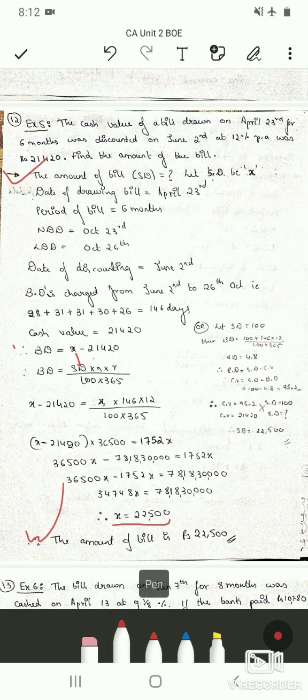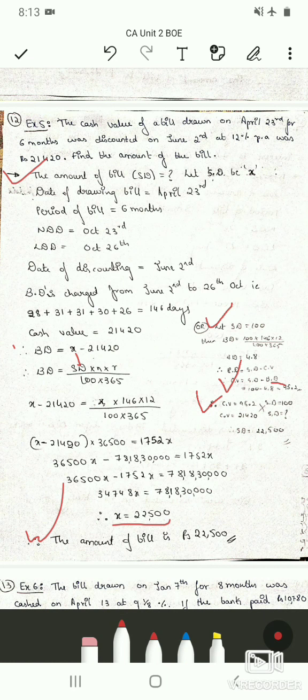So whichever you find easy, you can follow that. In this step, first assume the unknown, that is the amount of the bill to be 100, find banker's discount, then find cash value. Then when cash value is known, we can use the rule of 3 and find out the sum due. Suppose instead of the cash value, if something else is given, then basically you have to compare with that to the unknown.